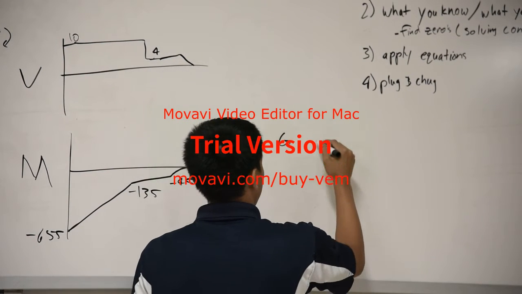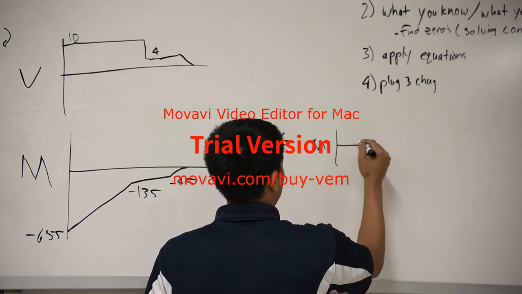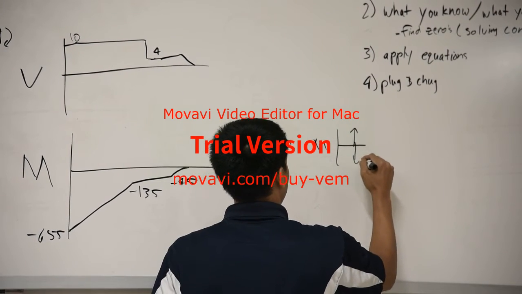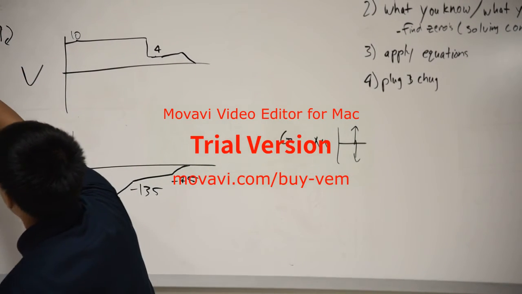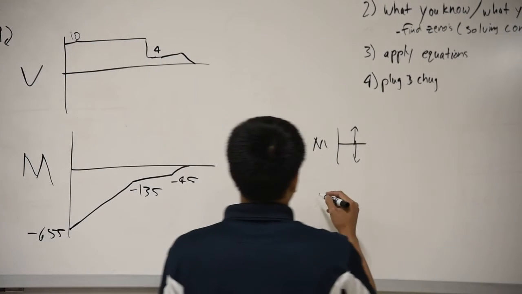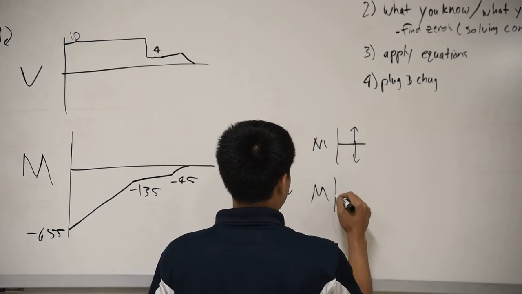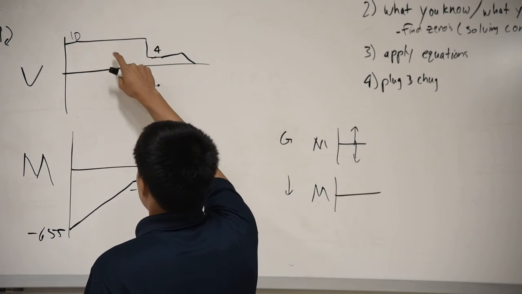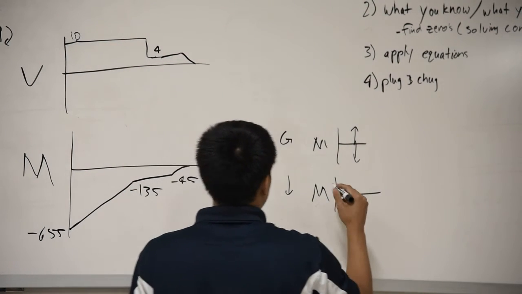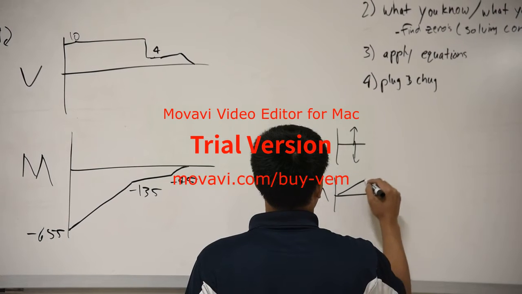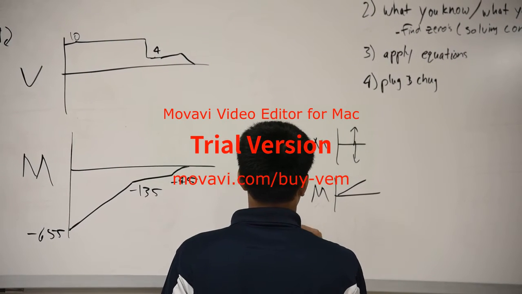This is your M graph, it will cut up and down. When you have a singular force like that, that changes this value, so they'll come at an angle, and then I'm just drawing this.